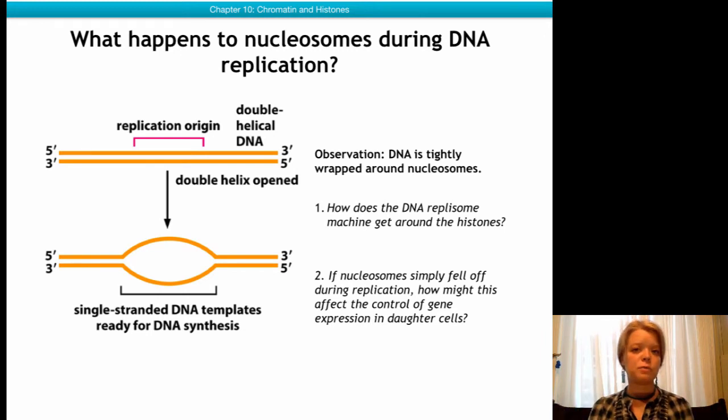But if it does, wouldn't it erase all the important information that the histone tails carry, telling whether that particular area of the chromosome is euchromatin, heterochromatin, to be actively transcribed, to be silenced, etc.? And so how can you move a histone out of the way when you replicate DNA? And how do you avoid losing all the important information if you do remove the nucleosomes from the DNA?